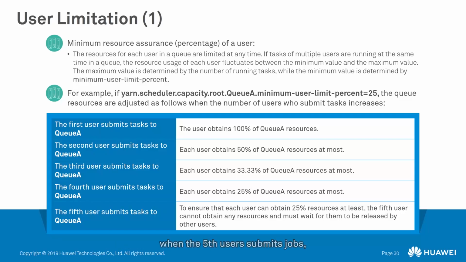If this continues, when the fifth user submits jobs, he cannot obtain any resources and must wait for them to be released by other users, because this parameter ensures that each user can obtain 25% of resources at least.